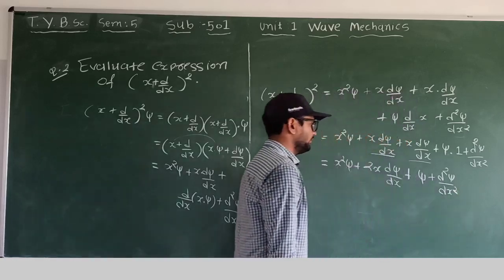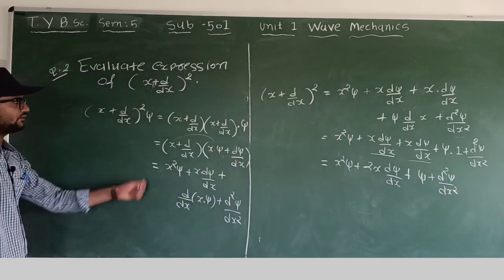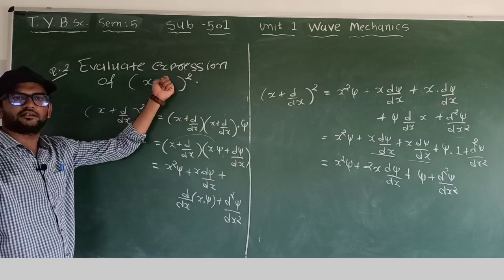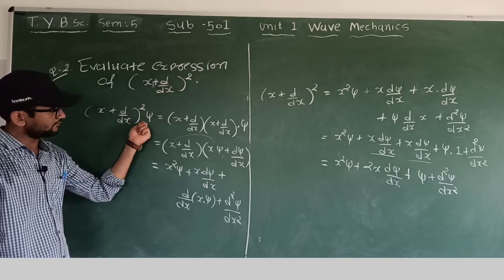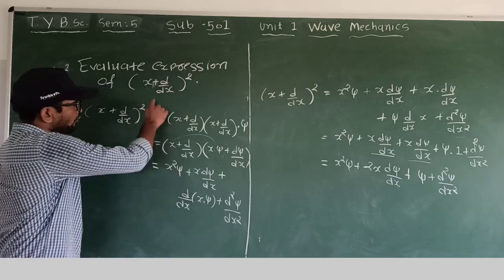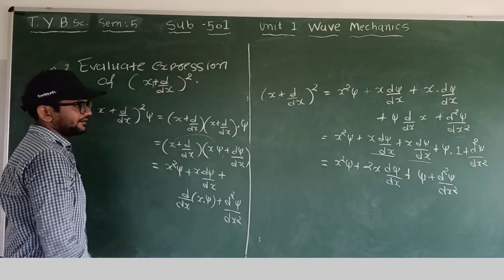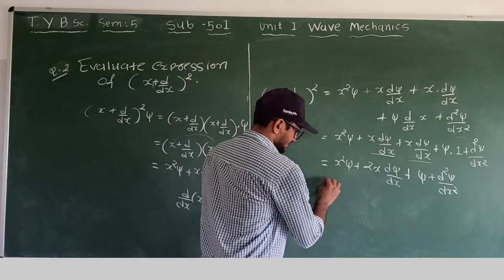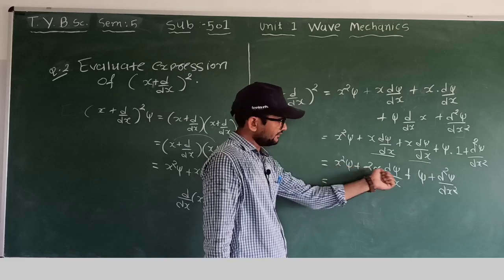In this case the function is not given, we consider a function that is sin. So for the value of (x + d/dx) squared, we common out sin in this step.